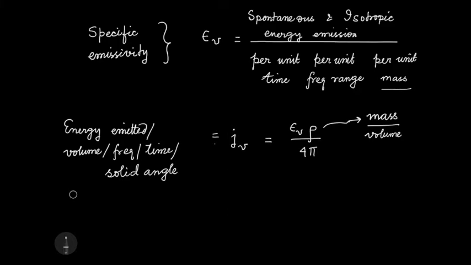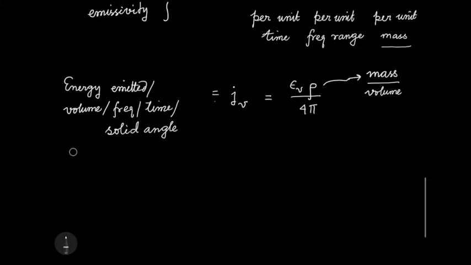Now this quantity has a name. It's called J nu, the spontaneous emission coefficient.